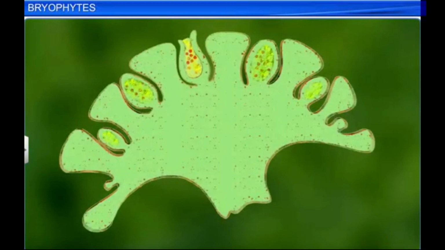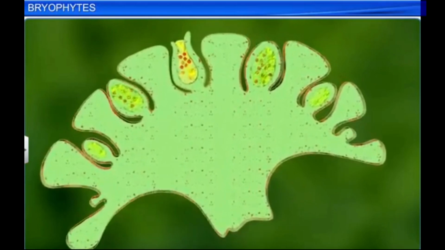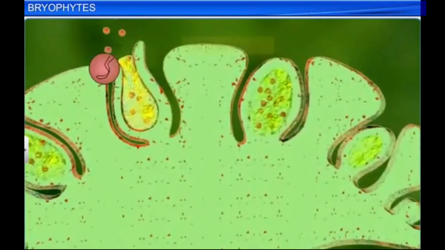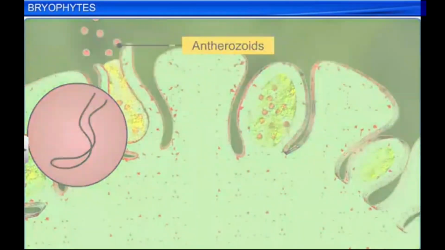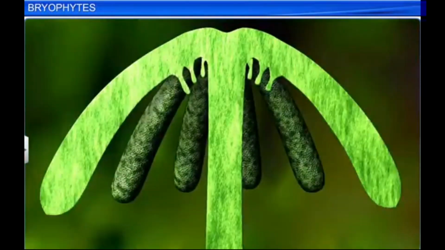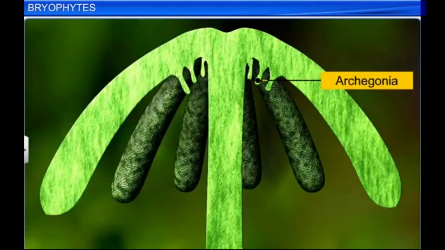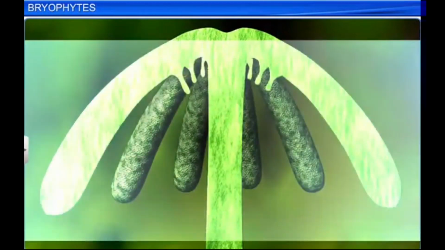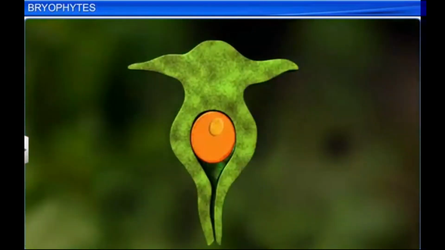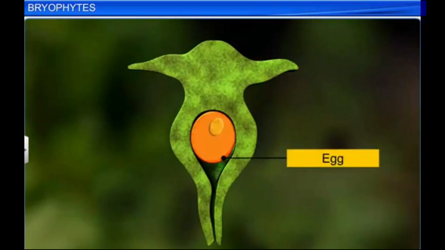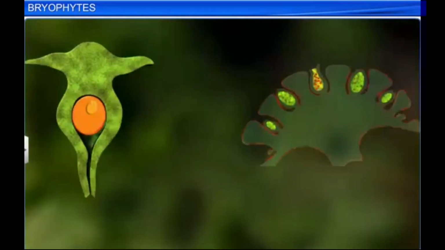The male sex organs are called the antheridia, and they produce biflagellate antherozoids. The female sex organs, called the archegonia, are flask-shaped and each produces a single egg. During fertilization, the antheridium releases antherozoids in water where they come into contact with the mouth of the archegonium.